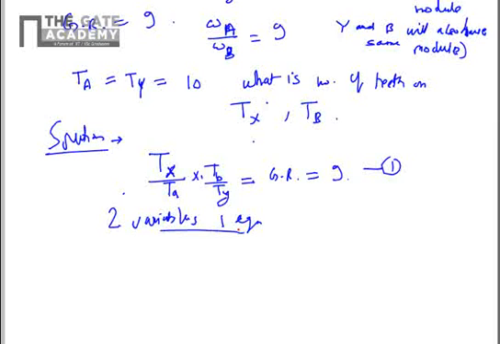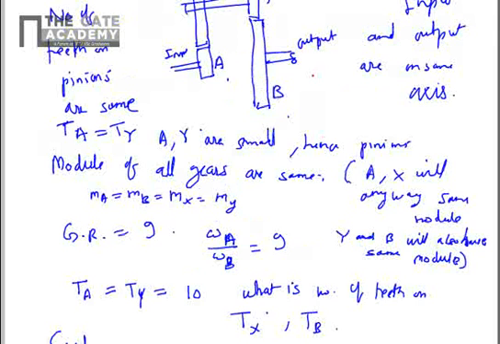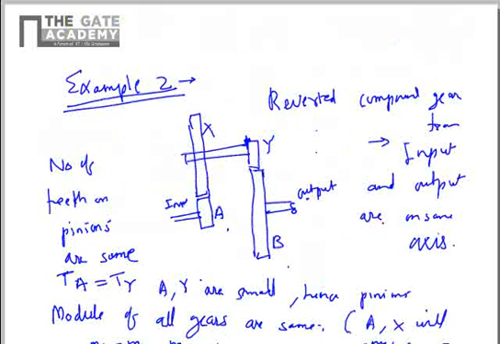So the second equation comes from the geometry of the gear train. From the geometry of the gear train, you can see that since the input and output are on the same axis, if you draw a center line here, the distance between the shafts of the compound train is the same.